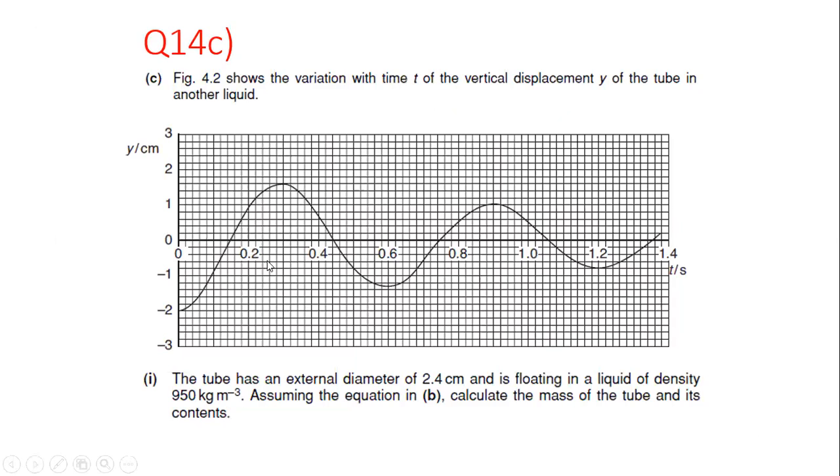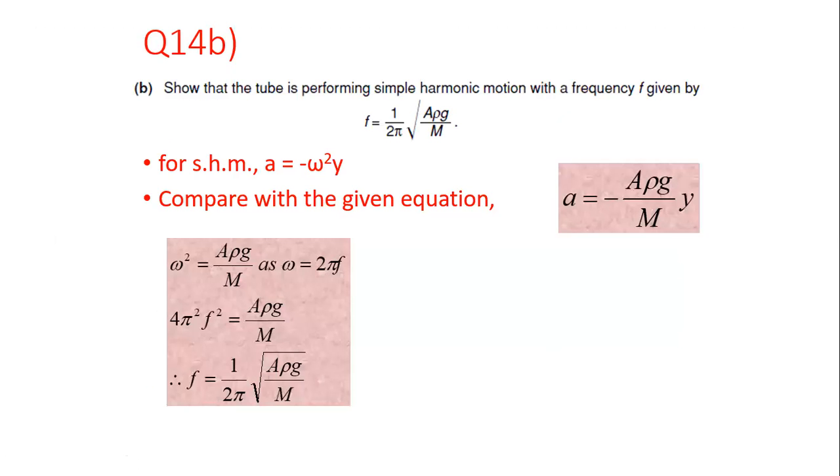Density is given. Diameter of the tube is given. Any idea? How to use this equation? You can calculate the area from the diameter.